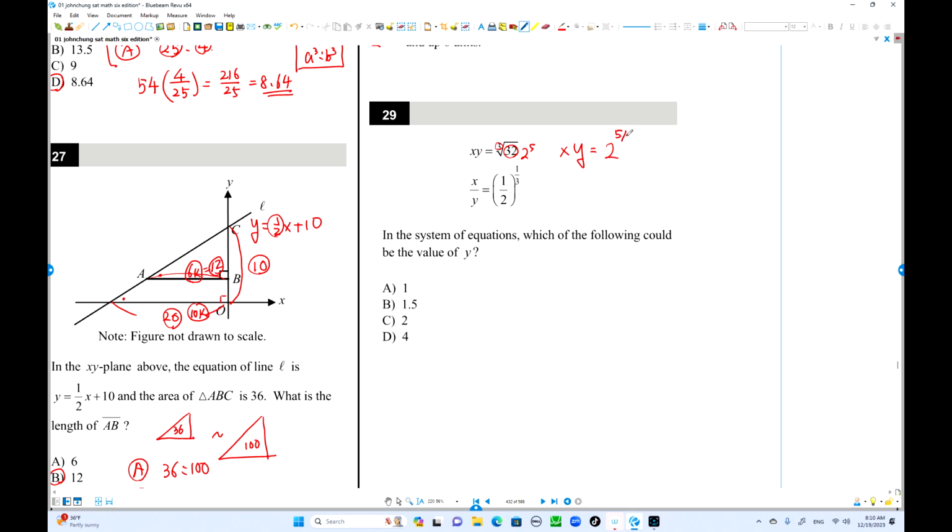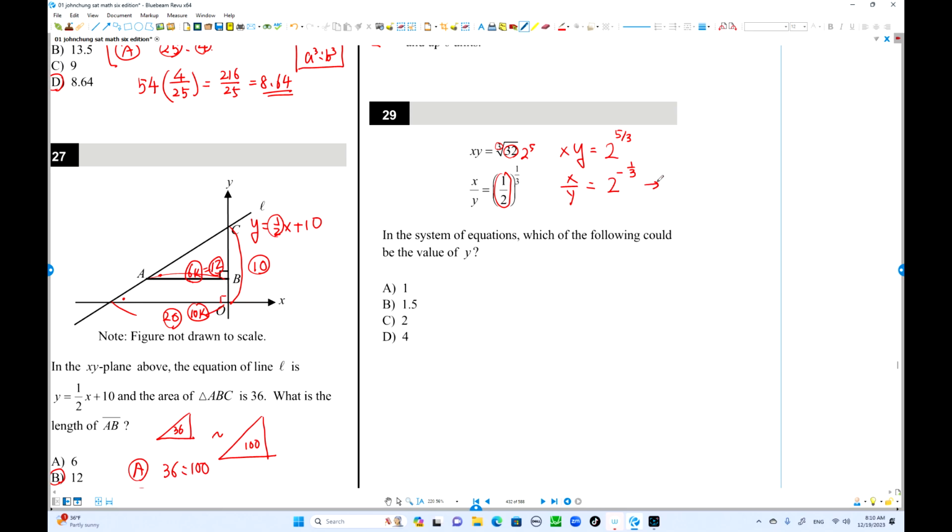5 over 3. Okay. So now x over y equals, I'm going to use the same base number, right? This is 2. So 1 over 2 is what? 2 to the negative 1. So negative 1/3. Okay. To find y, we have to eliminate x.